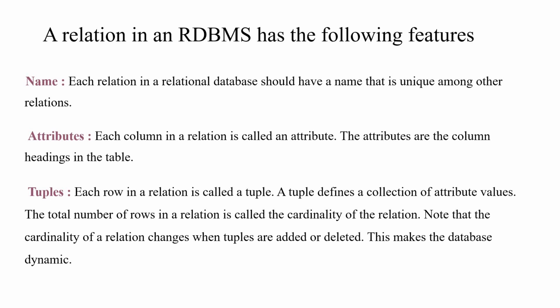The second one is that the relational database model is much simpler when compared with the other two database models. The third one is design structure: database design, maintenance, implementation and usage are much easier when compared with the other two models.